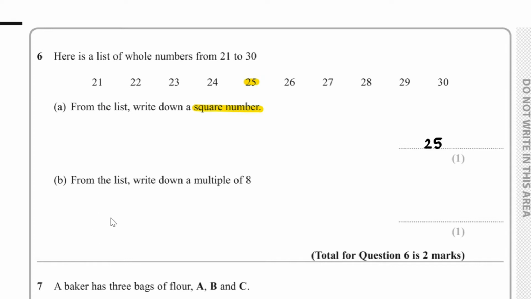Then for part B, we have to write down from the list a multiple of 8. A number which is in the 8 times table is a multiple of 8, and that would be 24. 24 is a multiple of 8.